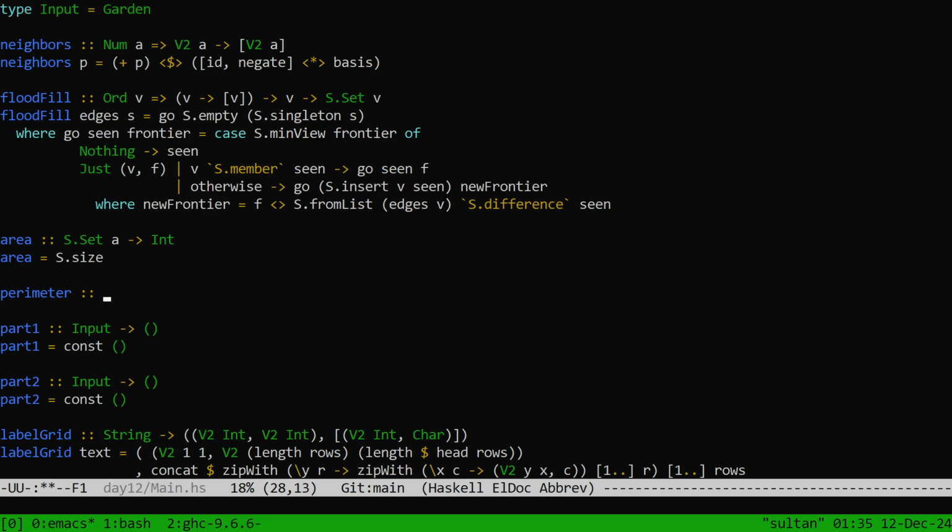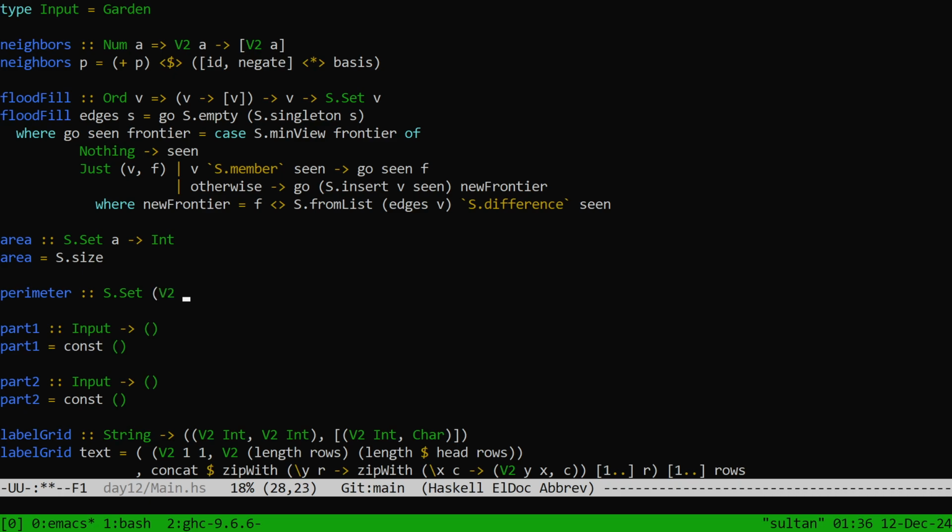So to compute the perimeter, you no longer need the original array, right? You can just say anything that's adjacent to this node but isn't in the region must have been a different thing. So we can just say perimeter takes a set of, do I want to take a v2 here? Or, I mean, I guess so, right?